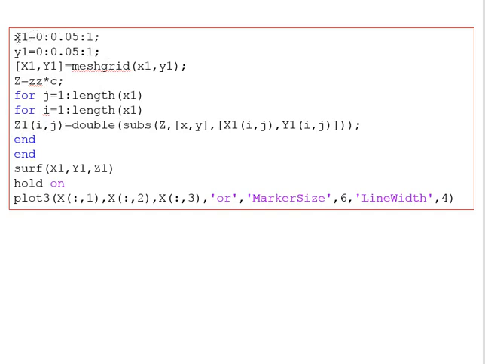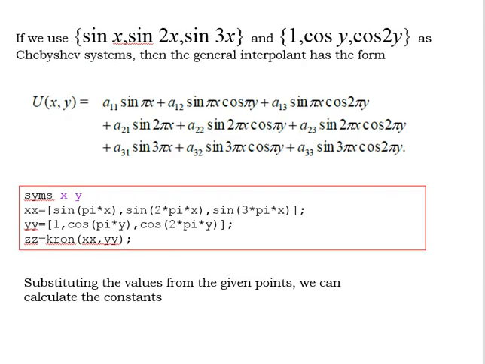First of all, we take x1 from 0 to 1, step 0.05, and y1 the same vector. We take meshgrid of x1, y1, and then we calculate the function U. Here we note Z by substituting x1, y1 in this function, and we draw this function as a surface, and we plot the points of our interpolation.